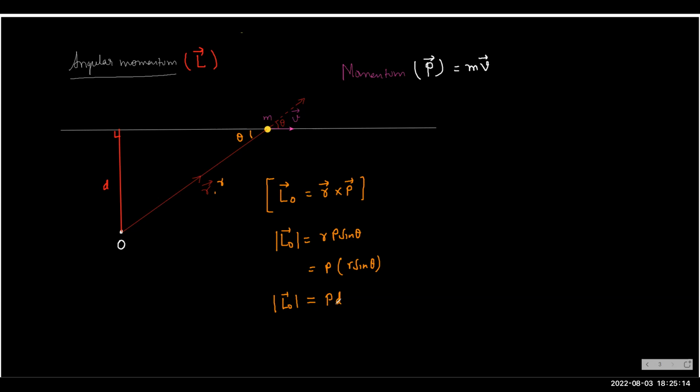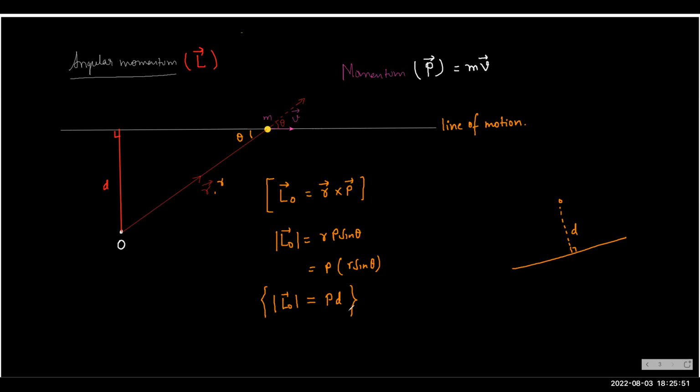The momentum into the separation from the line of motion. In physics, we call it the line of motion. And d is the distance between the point and the line. So for every point and a line, the distance we express in terms of the minimum separation, or the perpendicular. That's the whole idea. So if you know the separation, the product will give you the angular momentum.